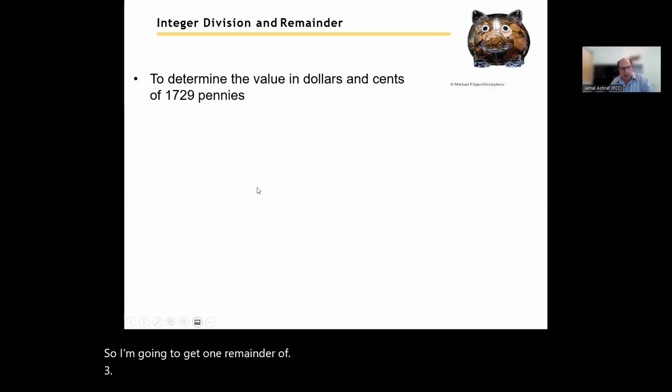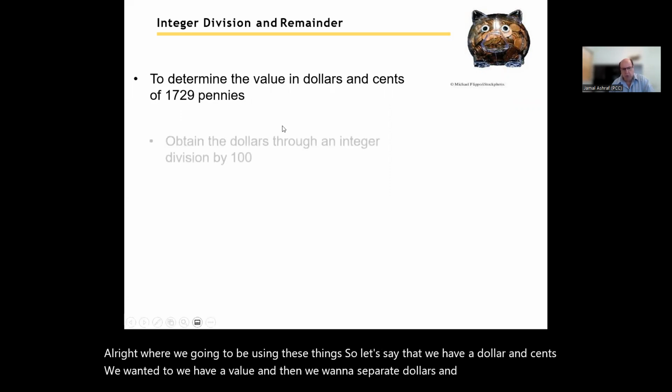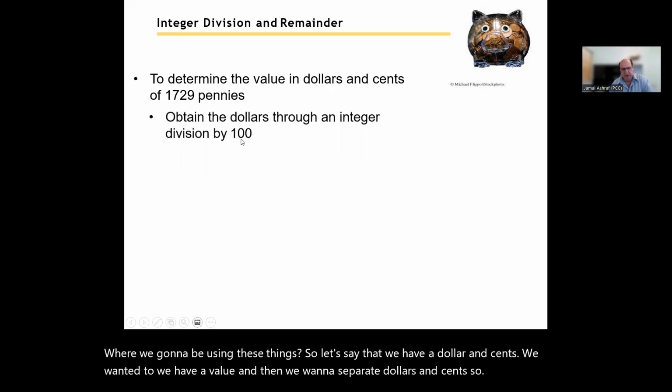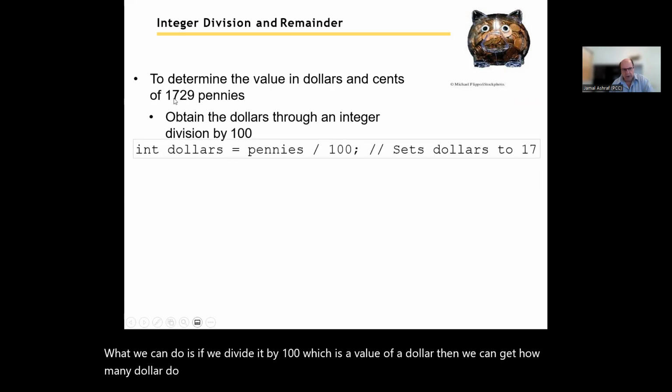All right, where are we going to be using these things? Let's say that we have dollars and cents. We have a value, and then we want to separate dollars and cents. What we can do is divide it by 100, which is the value of $1, and then we can get how many dollars we have. We divide it by 100, it's going to give me 17.